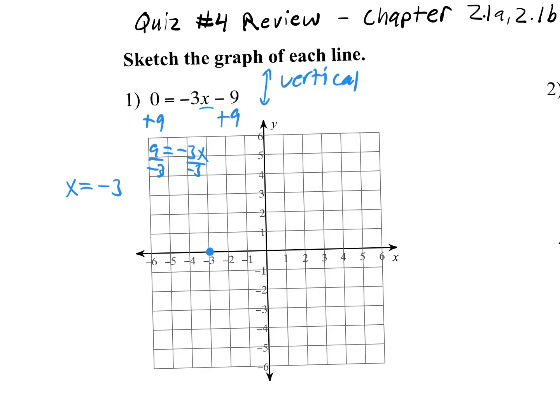Since it's a vertical line, you just need to draw a line going straight up and down. And then this is your line. So this is your equation of the line, and here's your line. That's all for that one.